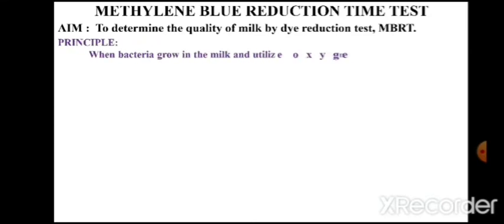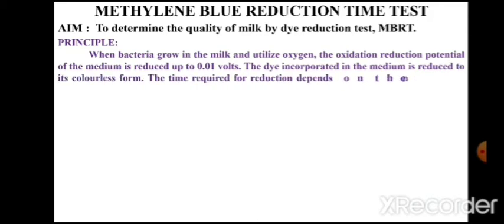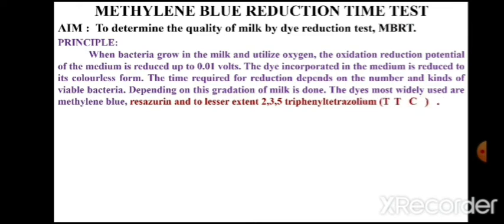Now, the principle of the methylene blue reduction time test. Bacteria grow in milk because milk is a highly nutritious material. It serves as a source of carbon, nitrogen, minerals, etc., and this rich nutrient in the presence of oxygen leads to the growth of bacteria in milk.